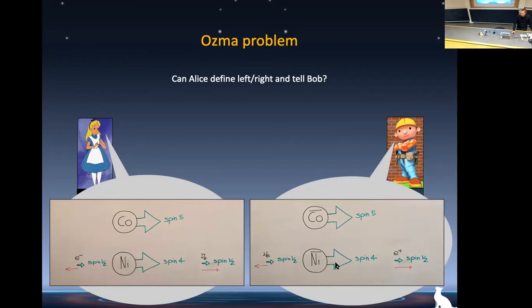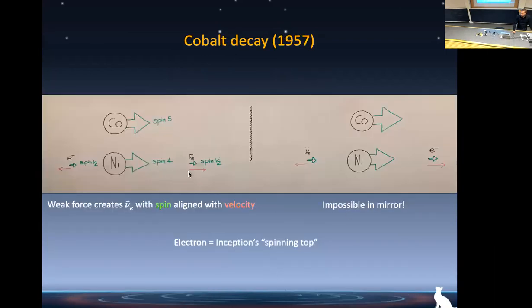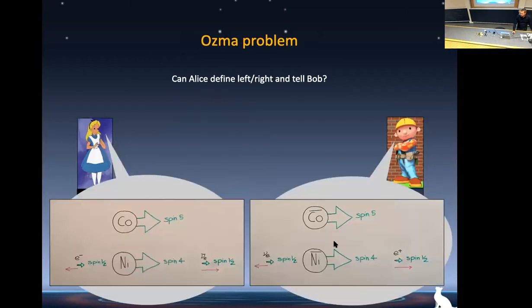And for anti-cobalt, I go back, you see what was for the anti-neutrino, the two arrows. For the neutrino, here the arrows are swapped. So to summarize, in case he is made of antimatter, Bob would come up with the opposite definition of left and right that we have. So technically speaking, we are not done yet.